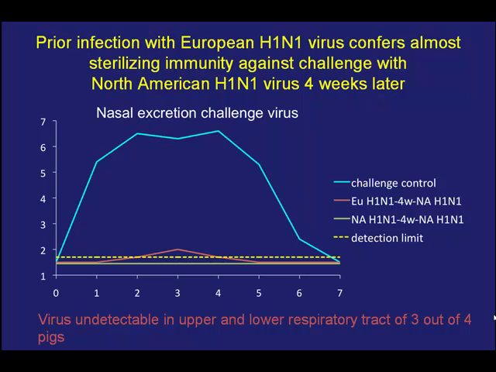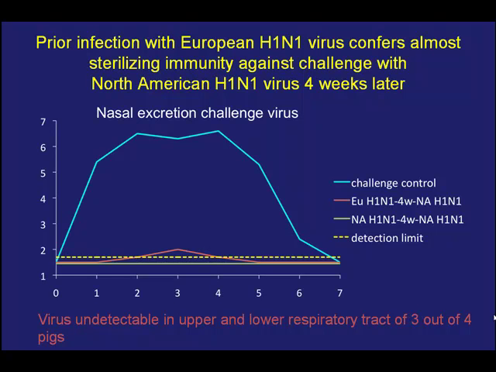Actually, this virus is very closely related antigenically to novel H1N1, and we use it as a kind of substitute for novel H1N1, because at the time of this study, we could not work with a novel virus in our biosafety level 2 facilities.